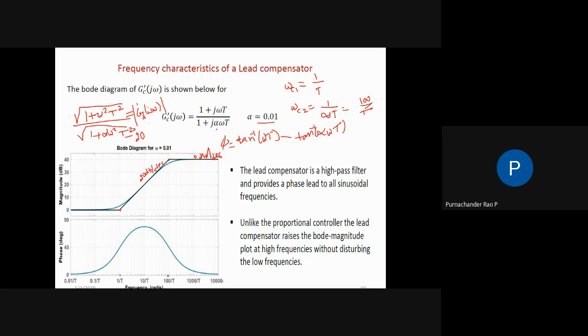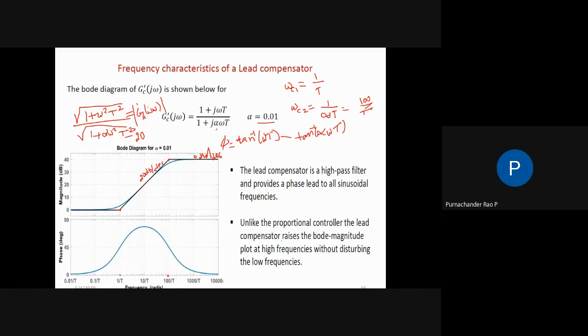this lead compensator is a high pass filter and provides phase lead to all sinusoidal frequencies. By observing this, you are seeing the positive phases only, and that's why it is called a high pass filter. Here the low frequency signals will be attenuated, and it is allowing the high frequency signals. So it is similar to the proportional controller.